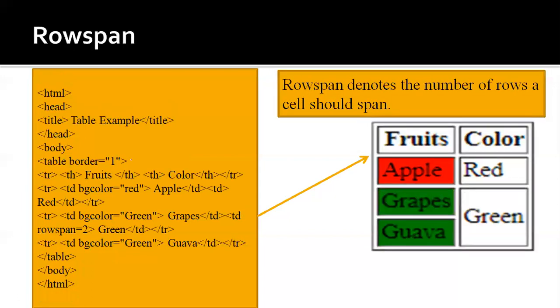The next example is the table with row span. Row span denotes the number of rows a cell should span. As you can see here, this row is equal to 2 rows, or I have merged 2 rows for this cell.